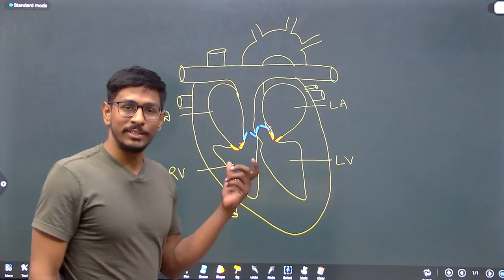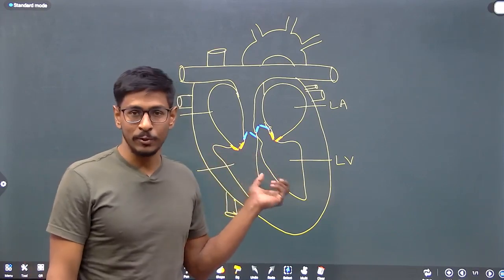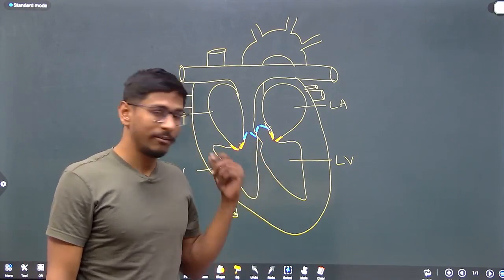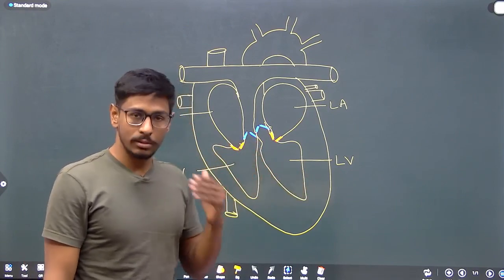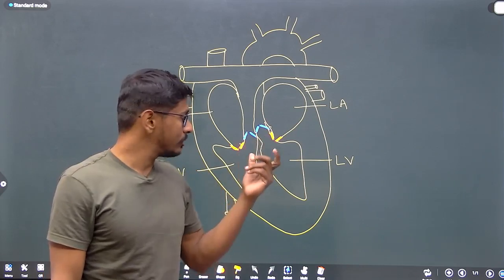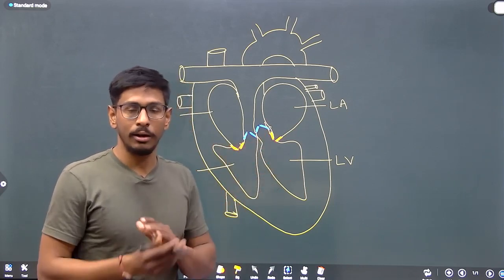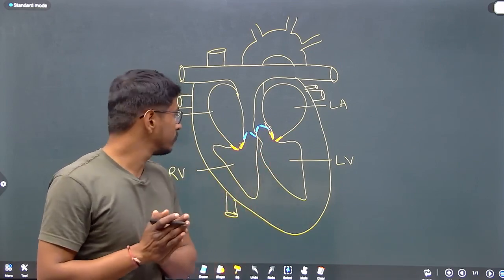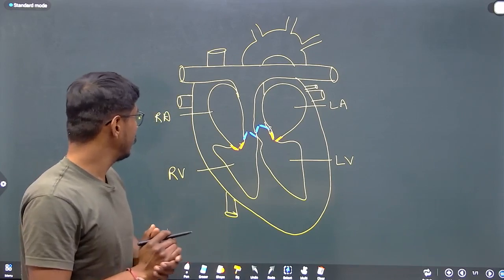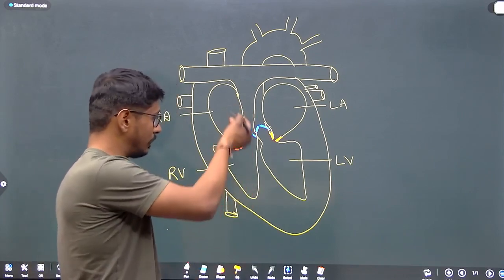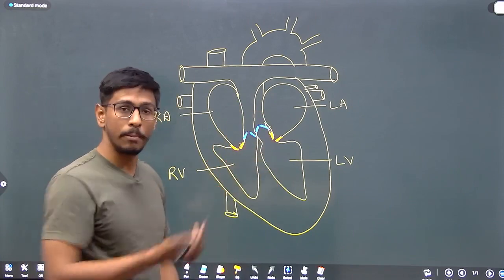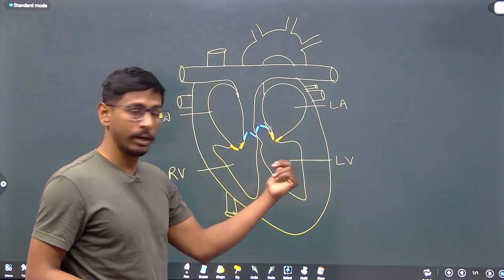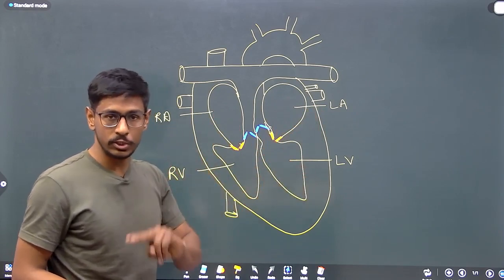At this moment it might be confusing, but in a moment everything will be clear in your mind once I describe everything. So just be patient and try to understand. I'll explain each and everything in proper detail, so don't worry about that. First, as we know, we have four chambers in a mammalian heart: right atrium, right ventricle, left atrium and left ventricle. So these are the four chambers.